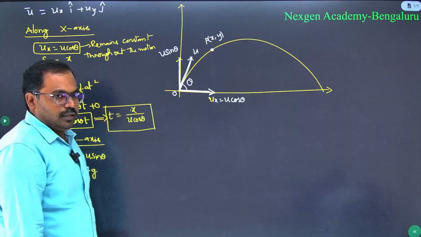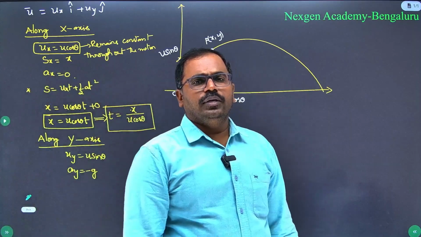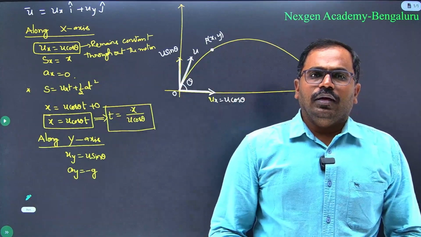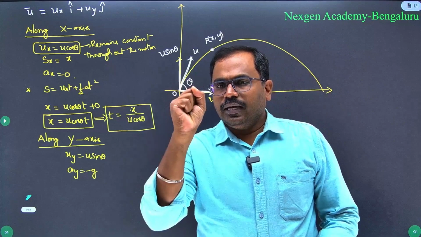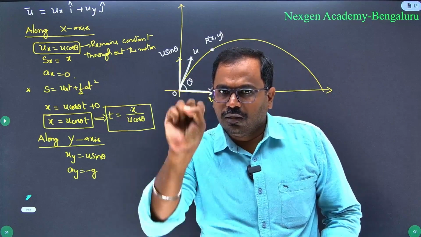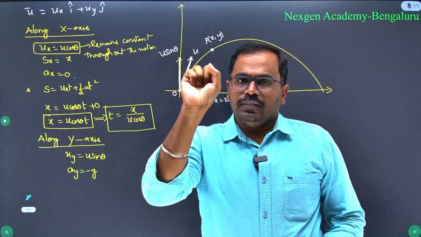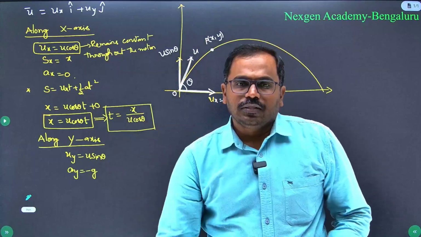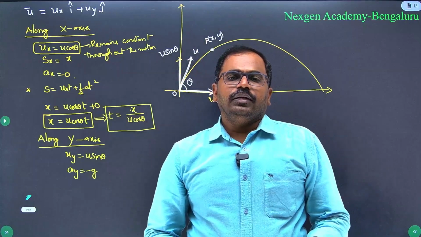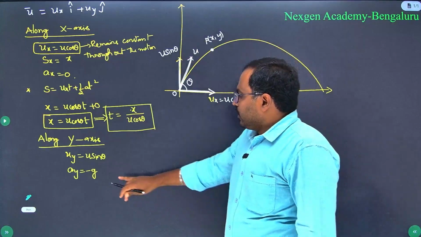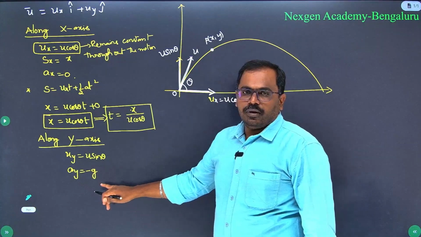So why do we take a negative sign here? The negative sign we have to consider because acceleration due to gravity is acting downwards. It is pulling the body downwards. The body is trying to move upwards, but acceleration is trying to pull downwards. So acceleration here is negative. So we are taking ay is equal to minus g.